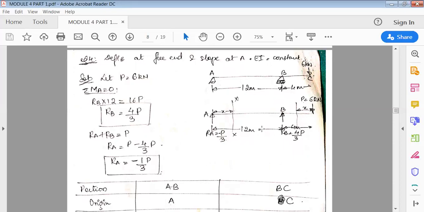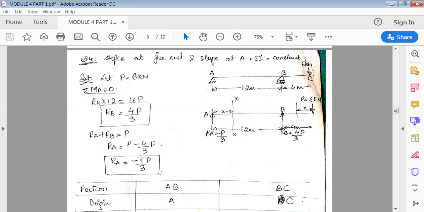Okay, 4 by 3 P. Next, we have the next equation, that is summation V is equal to 0. So RA plus RB is equal to only one load, the vertical load, so it is P. So now RA is equal to P minus this RB value, P minus 4 by 3 times P. It's like 1 minus 4 by 3.